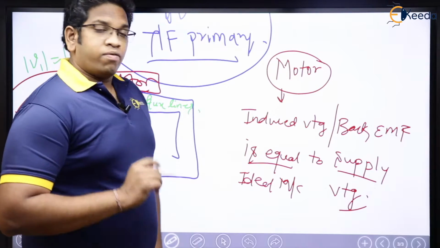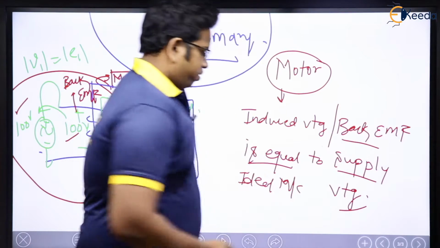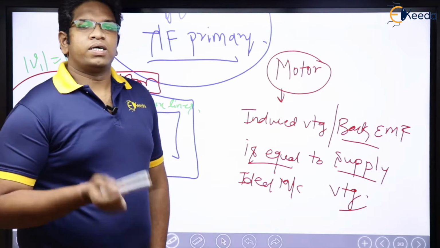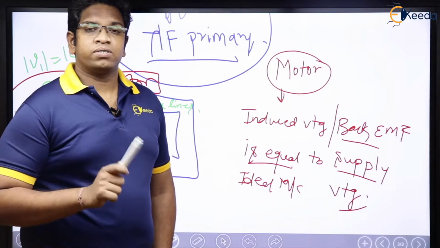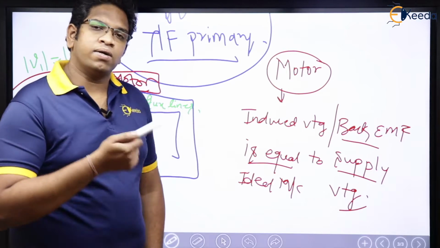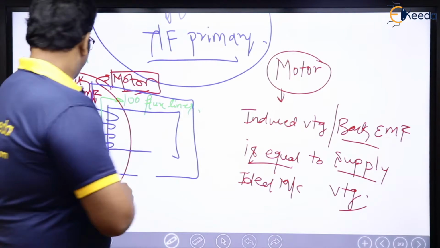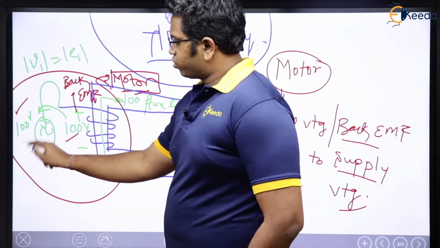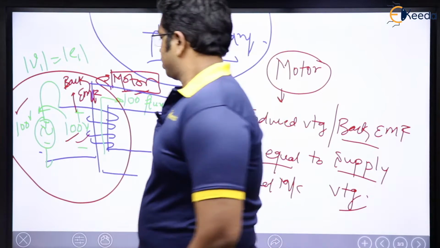So whenever we think of induced voltage or back EMF, that will be completely dependent on supply voltage. Why? Because the assumptions are that transformer primaries and motor inputs have to be connected to an ideal voltage source. So if here it is going to be 100 volts, 100 flux lines will be there.